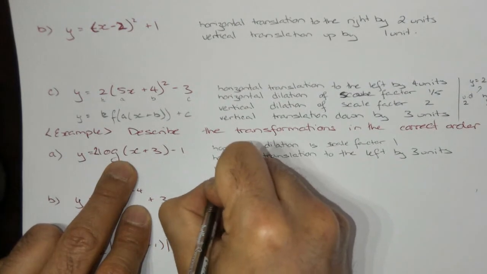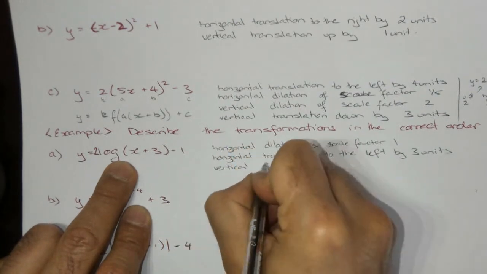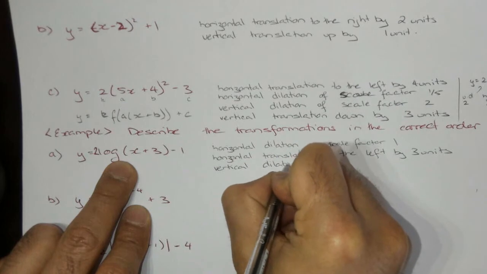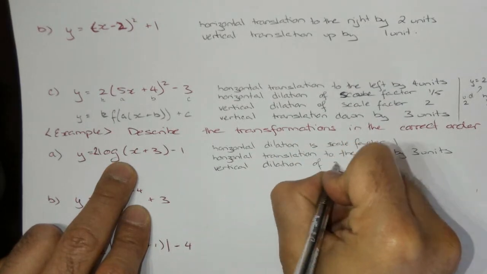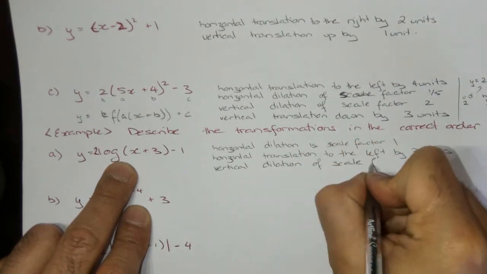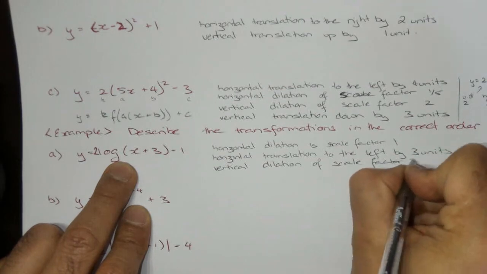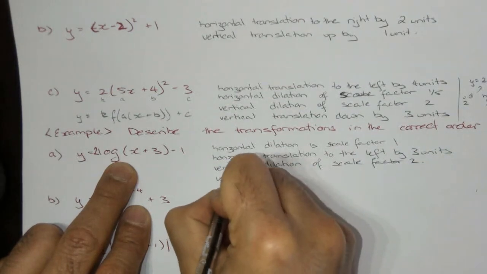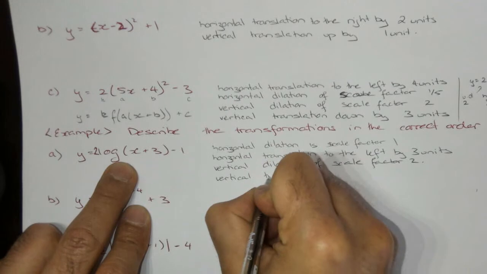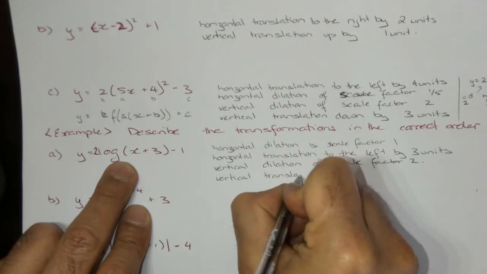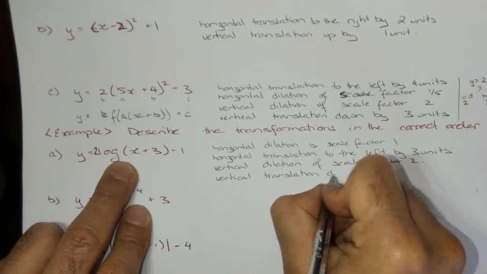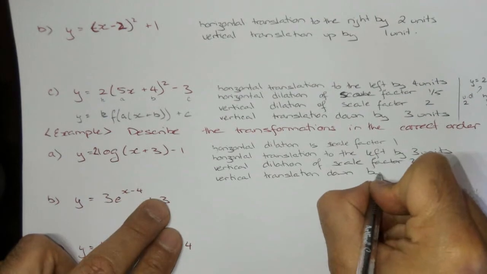A vertical dilation of scale factor 2 and a vertical translation down by 1 unit.